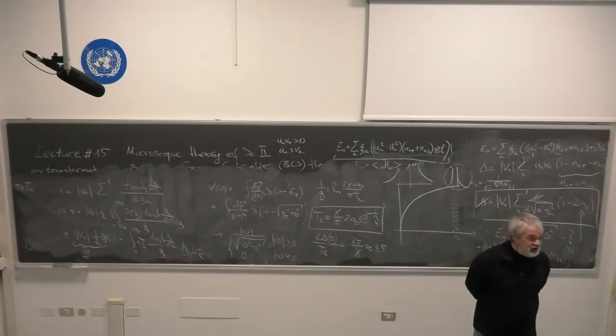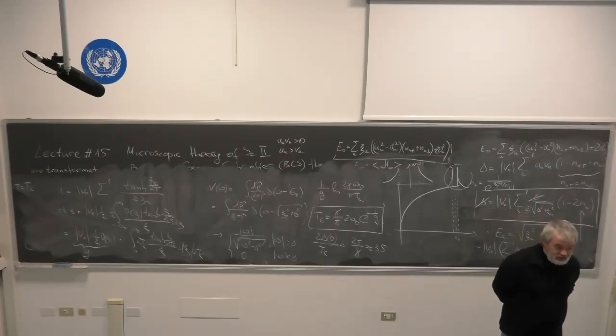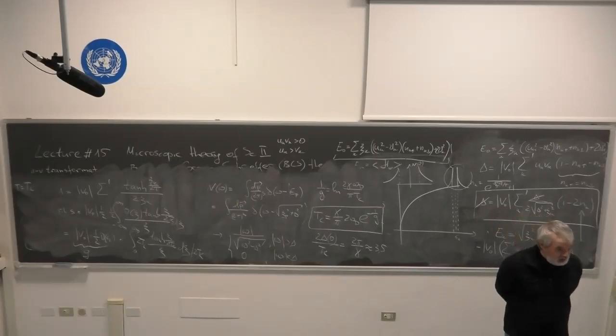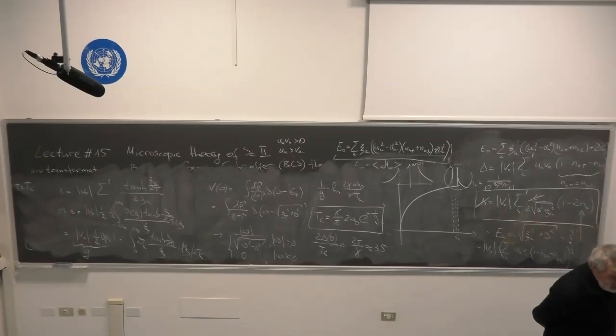But in order to justify the saddle point, which is the same level as mean field theory, you need to again refer to the weak coupling limit, because then the saddle point is deep enough, not shallow, and you're allowed to apply the method of steepest descent or saddle point solution.